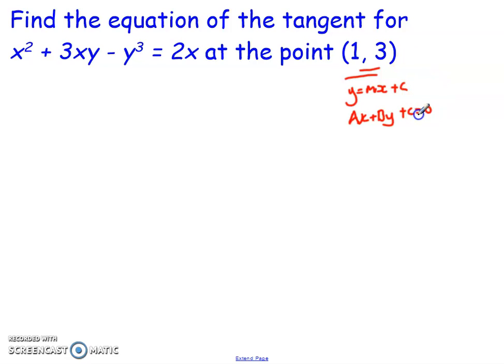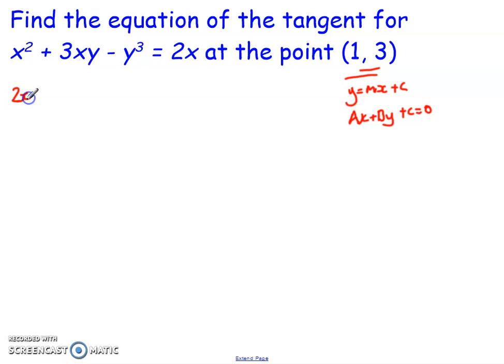One of those two formats dependent on the numbers, but the bottom line is I need the gradient m and I need a point. Well, I've got the point there, I just need the gradient. Now remember, the gradient is equal to the derivative at that point. So first thing I do is work through the derivative of this, substitute in the point and find out what the value is, and then it's just substituting parts into an equation.